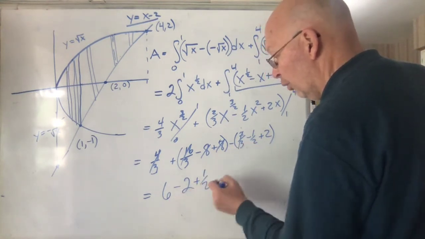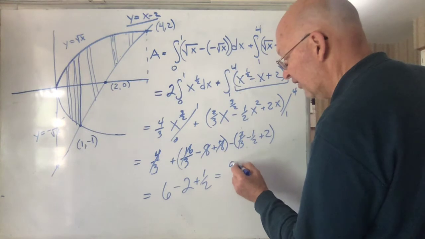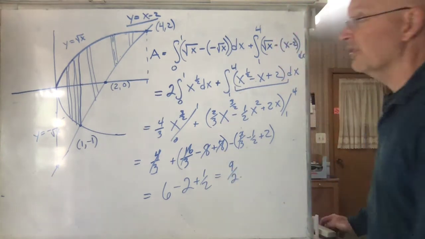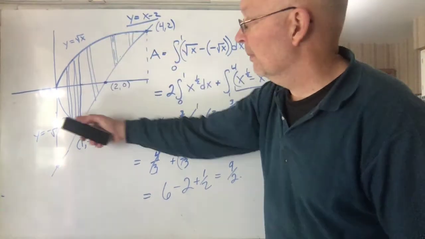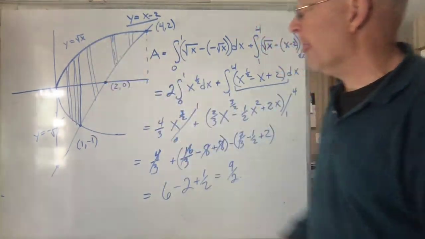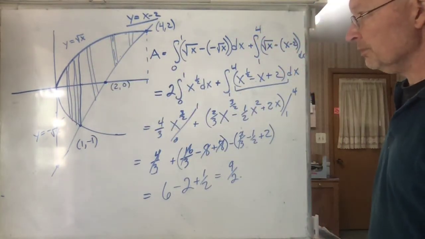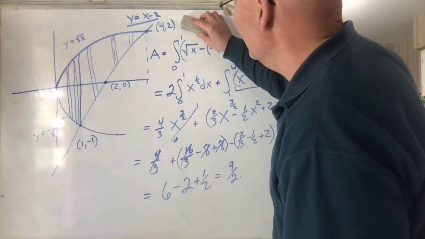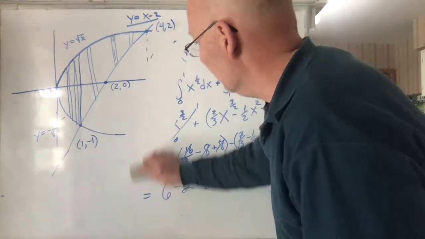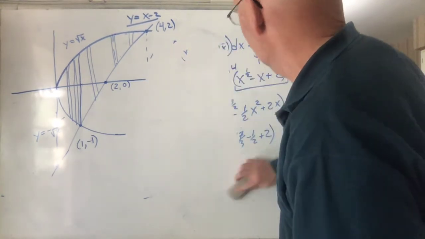So that's going to be 4.5. 4.5 is the same as 9/2. So there's the area between those two graphs. Okay? So that takes care of that, but let me show you a much easier way to do it. Remember that 9/2 is our answer.